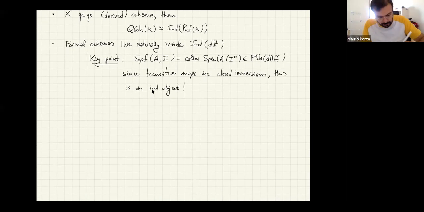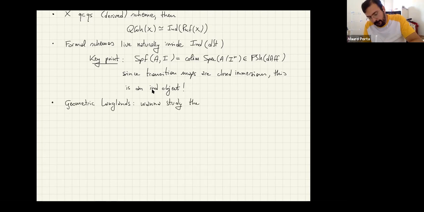And there are other examples. So in geometric Langlands, we often want to study objects like the affine Grassmannian, and this is an Ind stack.